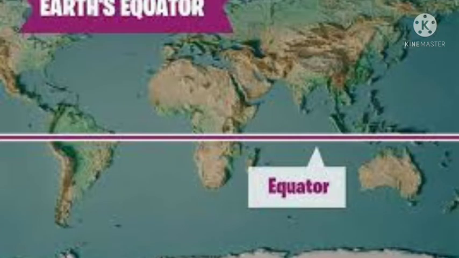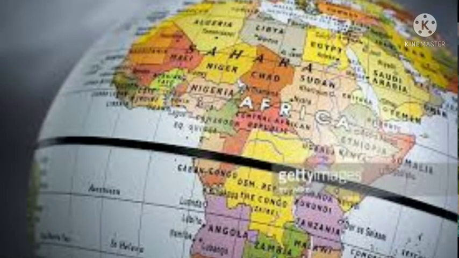Then lands, places, everything. An index is a list of names in alphabetical order at the end of an atlas. So many maps are together in an atlas, and here an index is there.